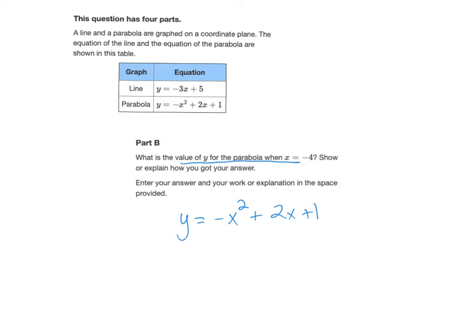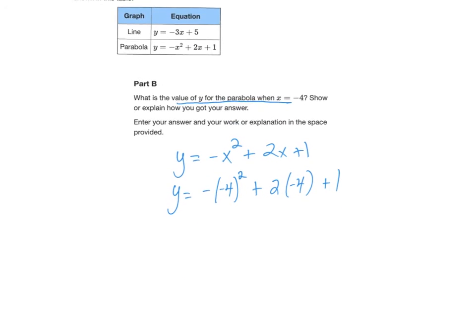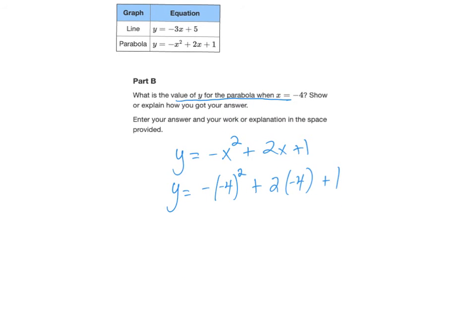And when we are solving for y, we have to substitute in the negative 4 for every x that is listed, okay? Not just the first one. Again, order of operations, we do exponents before we multiply, divide, add, or subtract.